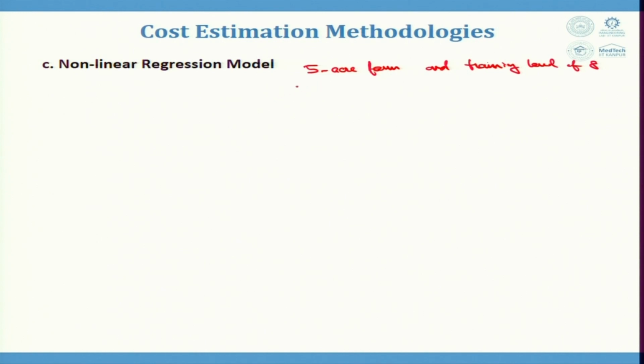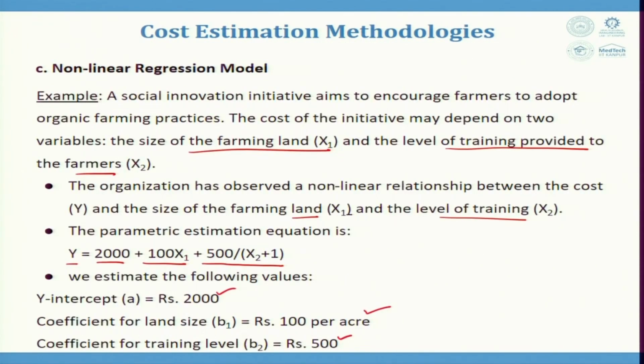So, you see my x1 is 5, my x2 is 8. Now, let me jot down the model here. The project cost is equal to 2000 plus, let us see the value of the contributions here, b1 and b2: 100 into x1 plus 500 by x2 plus 1, these two values.